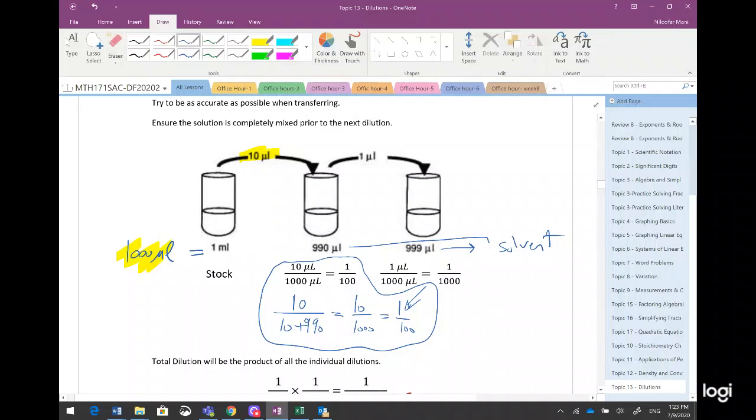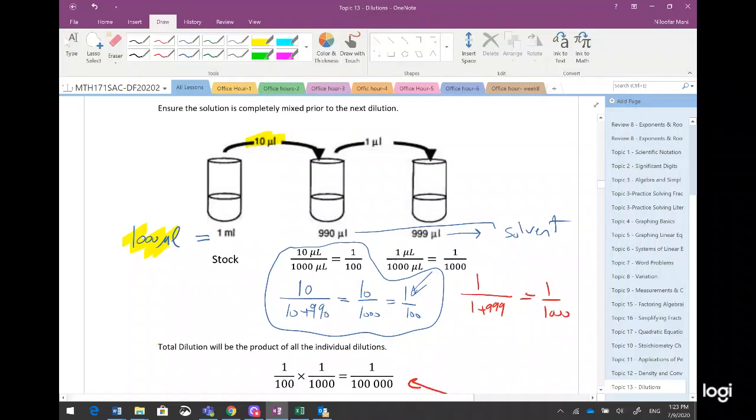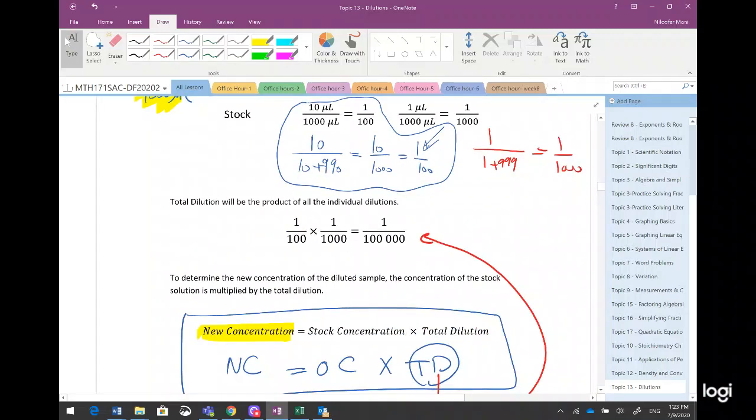Maybe I can change the color here. So 1 over 1 plus 999 microliter, all of them microliter. Remember, I should have the same unit, so it is 1/1000. Then I have 1/100 multiplied by 1/1000, which is 1/100,000 when I multiply. This will be my clue here.